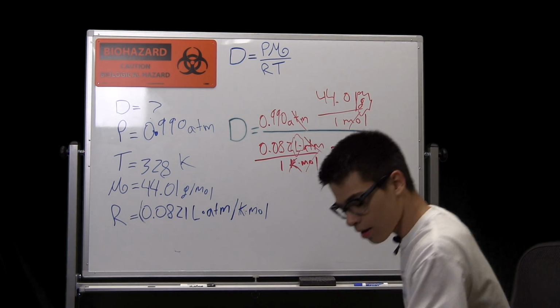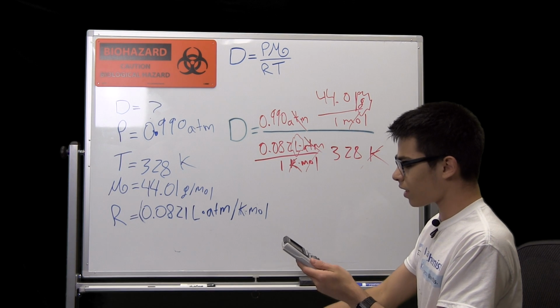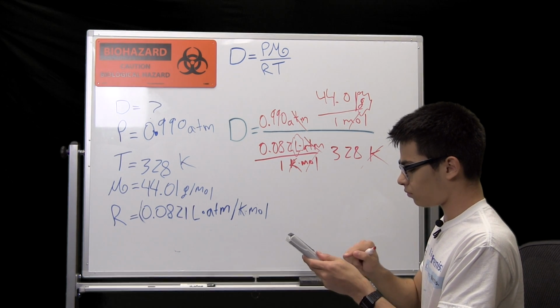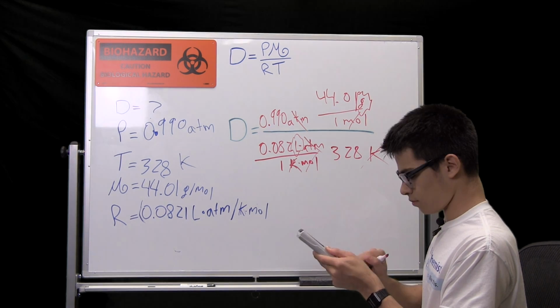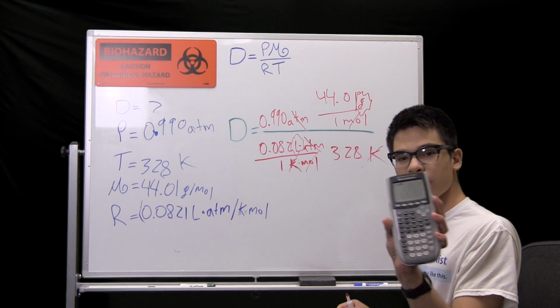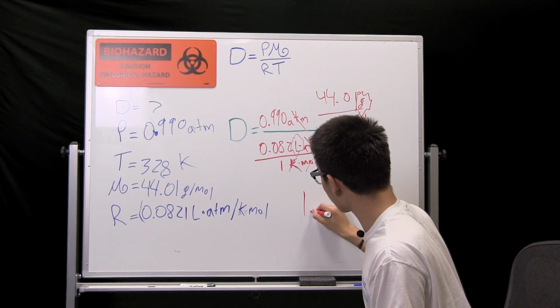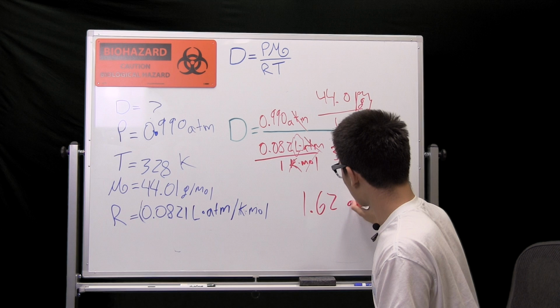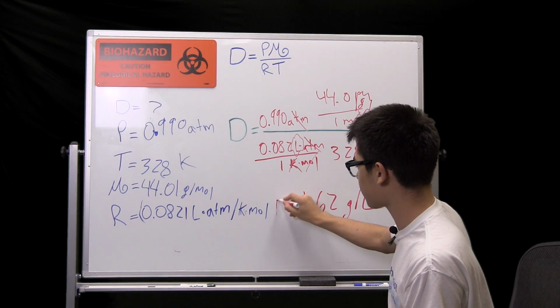So let's go ahead and plug these numbers into our calculator. All right, and what we get is 1.62 grams per liter, which is what the problem was asking us for.